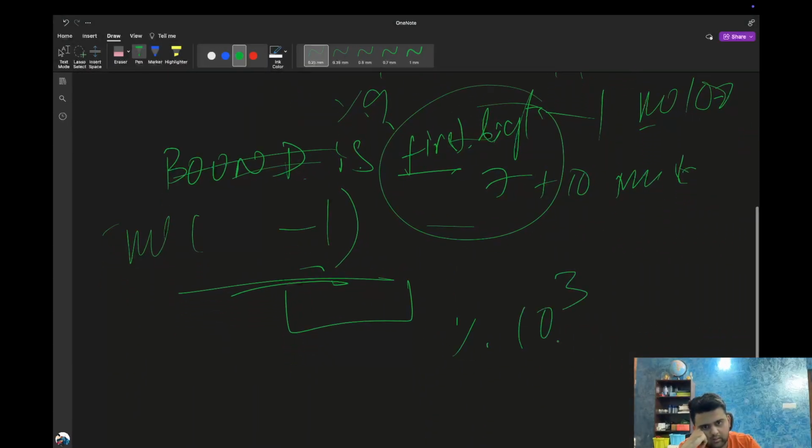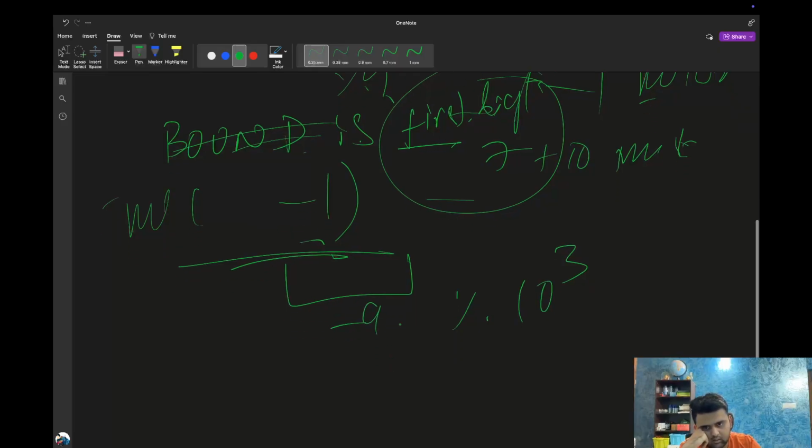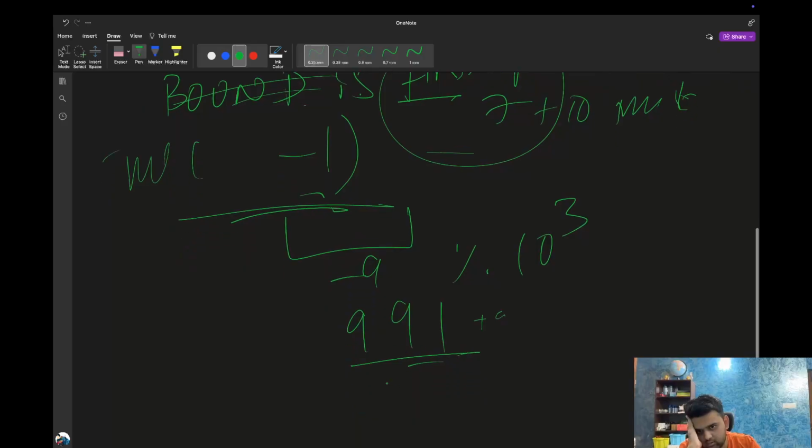Mod 10 power 3 minus 9 is what? 991. And plus 9 is 1000. So this would be what? Adding 1 here, adding 9 here, which is minus 1, minus 1.